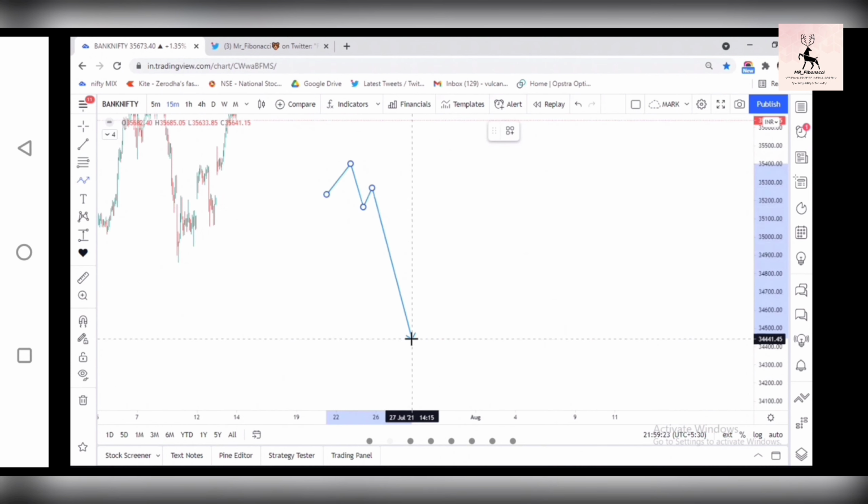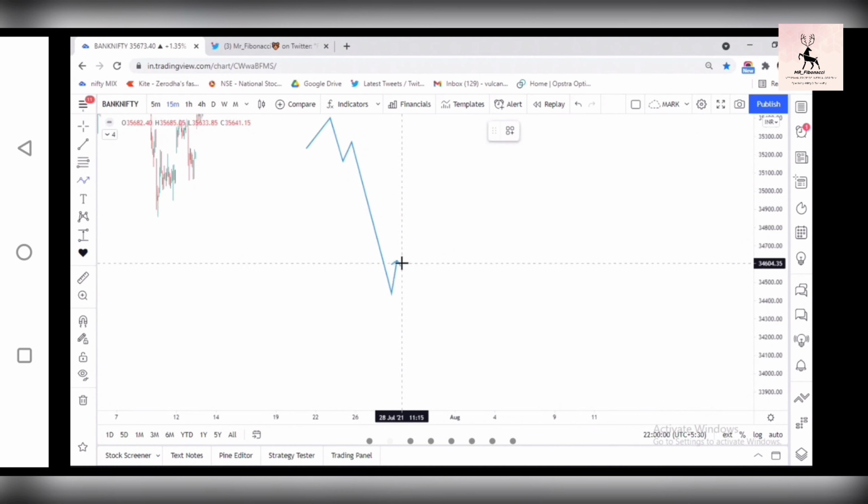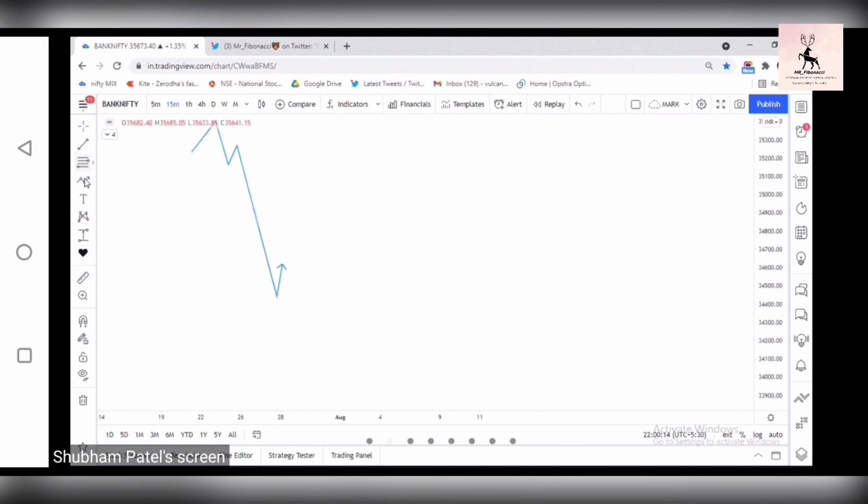Now understand the psychology of the market. When the market falls from the upside, most of the new traders, when the market reverses a little bit, just buy and think they will achieve a good profit, but not. The market again falls from that little reversal and their stop losses are hit, because there is large selling pressure from the upside and buyers cannot absorb that selling pressure in such a quick time.